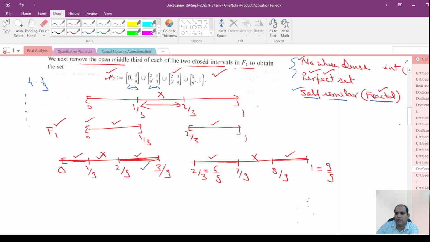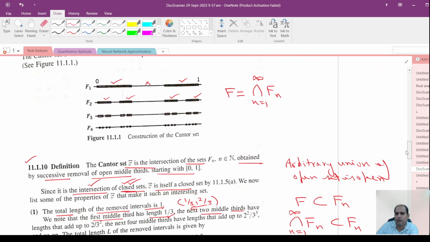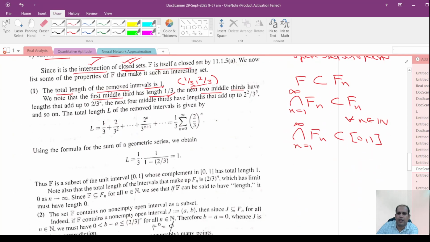So, if we add the lengths of all removed intervals, it will form a geometric series: 1 by 3 by removing the first open middle third, then two equal intervals each of length 1 by 9, and so on. Taking 1 by 3 common, it will be 1 plus 2 by 3 plus (2 by 3) whole square and so on. Now, this is a geometric series with common ratio less than 1.